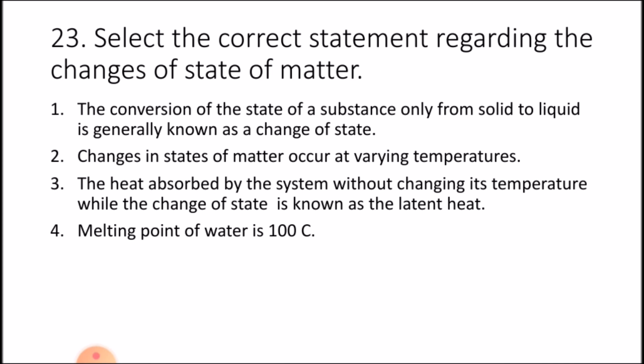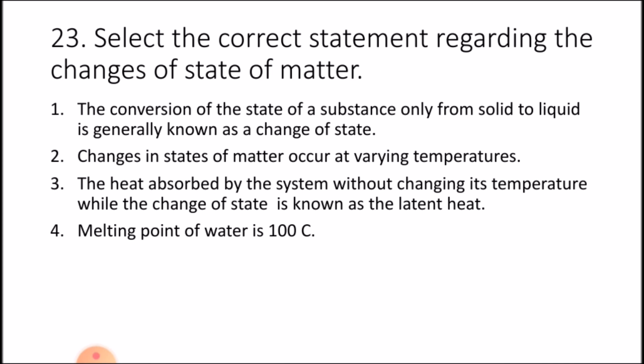Well, if we evaluate these statements, first one, conversion of state of a substance only from solid to liquid. We cannot say it's only from solid to liquid, since even from liquid to gas takes place in changes in states of matter. Therefore the first one is incorrect.